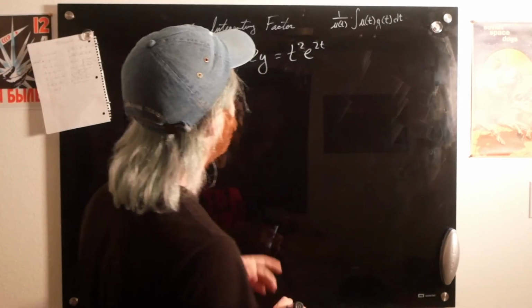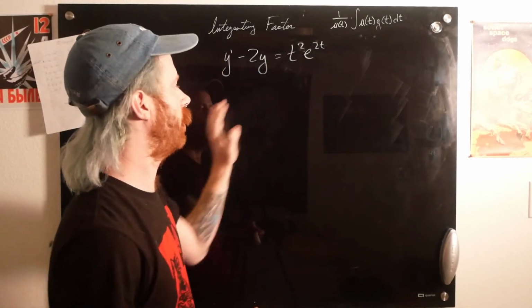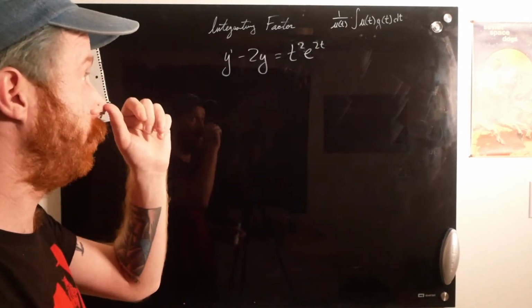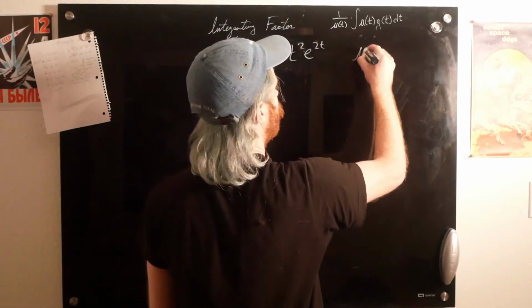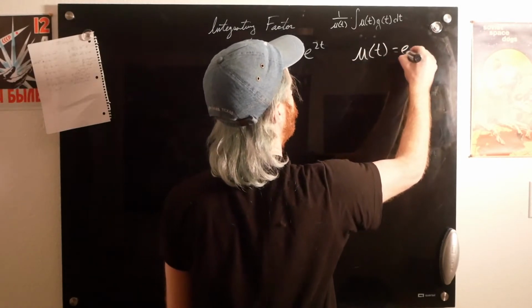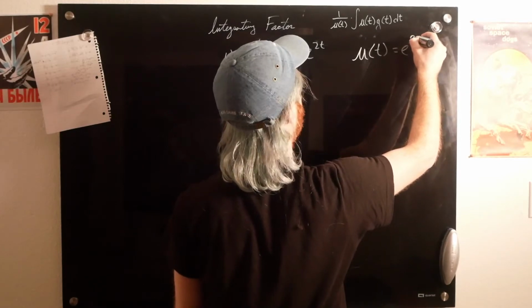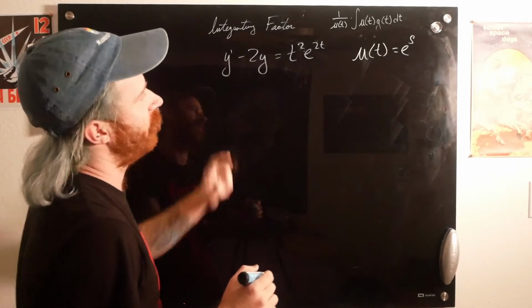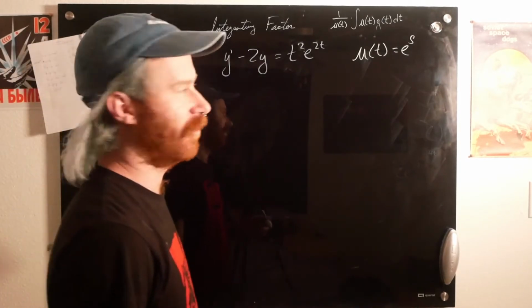So now what we're going to do is remember this formula up here. I know it's a little hard to see because I don't have a lot of room to work here, but just refer to the beginning of the video or just jot that down when I wrote it big here. So we have mu of t equaling e to the integral of p of t, and p of t isn't just 2 here, it's a negative 2, and that is something that you will have to look out for because it'll get you.